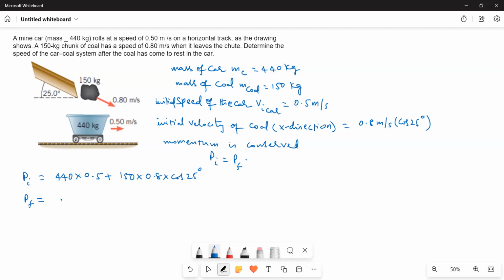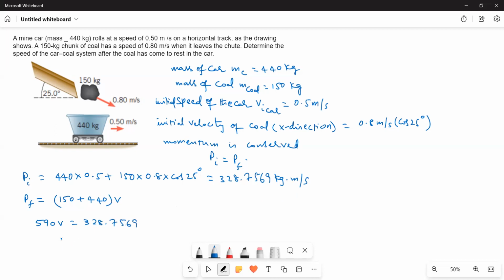That velocity we have to find out. So 150 plus 440 times velocity. Okay, so we will equate. 150 plus 440 is equal to 590. 590 V is equal to, what is the value of this one? This will give 328.7569 kilogram meter per second.